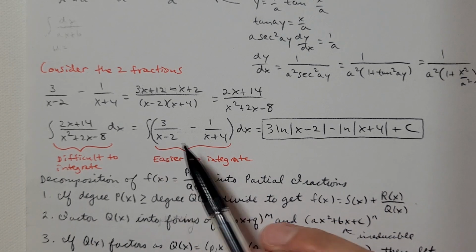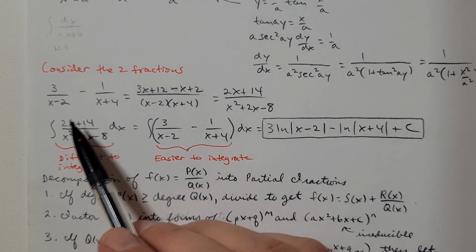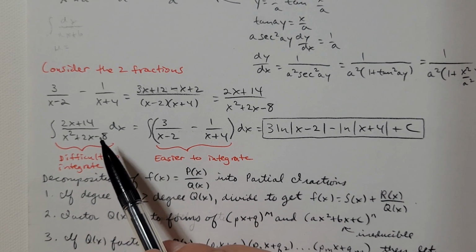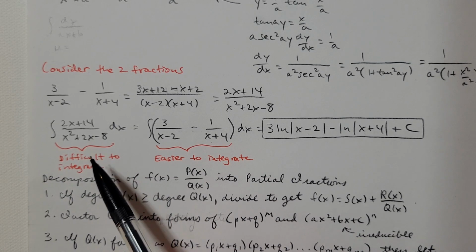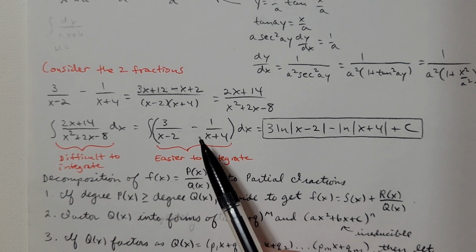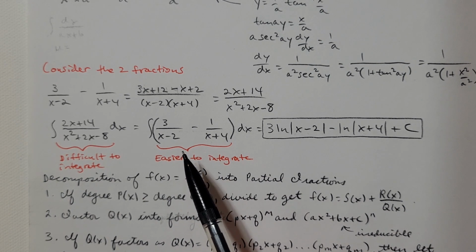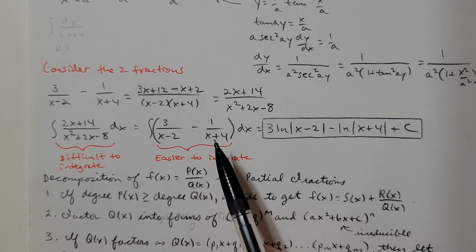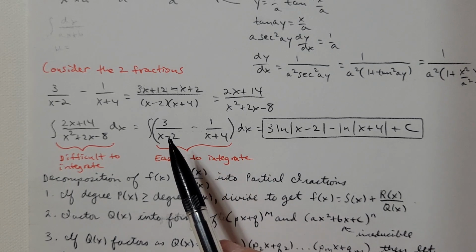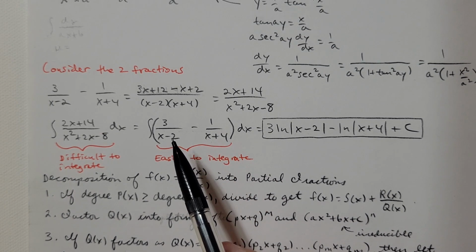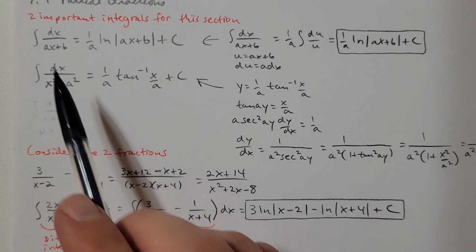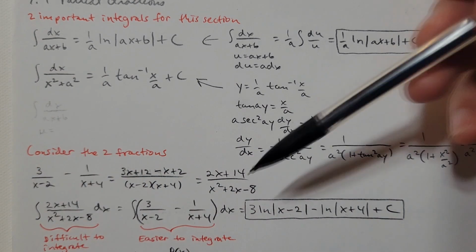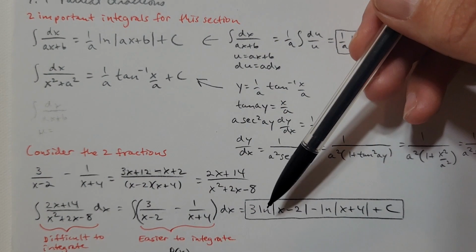Okay, and the reason I did that is because now this integral here, which is fairly difficult to integrate, where just a u substitution won't work, splits up into these partial fractions. And now I've got something that I can get my hands on. Okay, I can split this into two integrals, and these are going to be this guy right here. Okay, the 3 is a constant, so bring that up front.